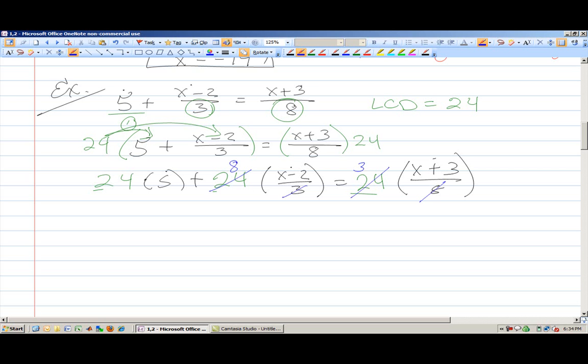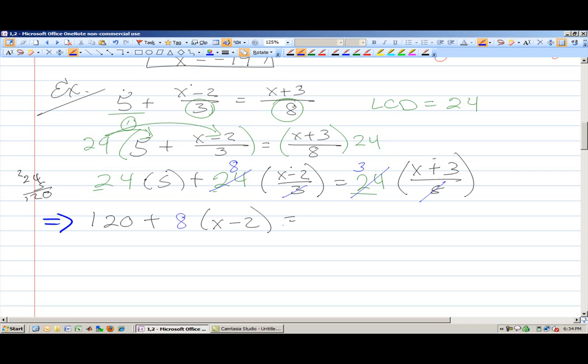So now remember, I don't want to skip this next step. I want to write everything out. So I've got 24 times 5 is 120, plus, now I'm going to write 8 times x minus 2. Do not go ahead and distribute that already.